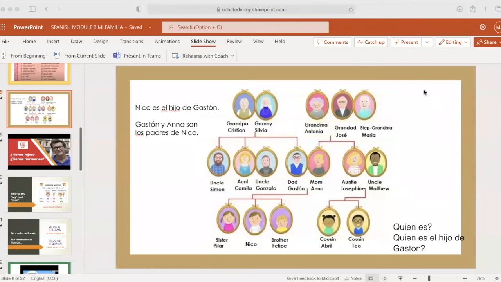Ang sabi ni Jean, Felipe es el nieto de Jose. You have to correct with me, okay? If you think it's wrong, tell me, okay? You have to tell the class. So, Felipe es el nieto de Jose. Tama ba? Is it correct, class?